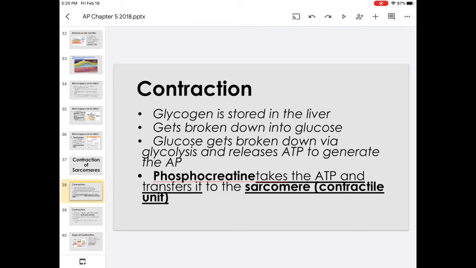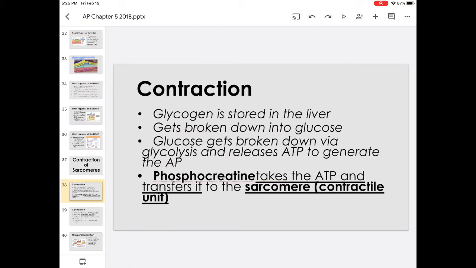Now, there is something called phosphocreatine, which is going to be inside the cell, and this is going to allow the transfer of energy to protein filaments called actin and myosin in the sarcomere itself. So I'm going to say that again.